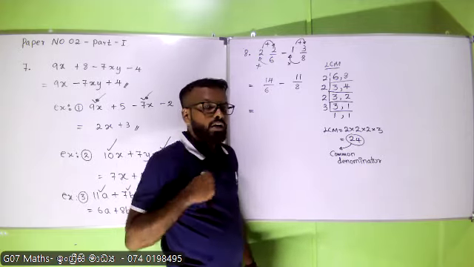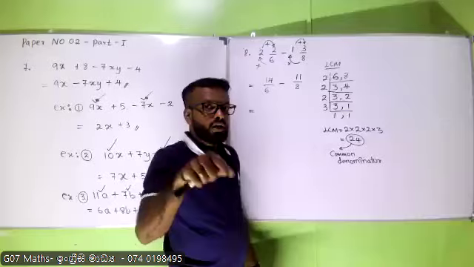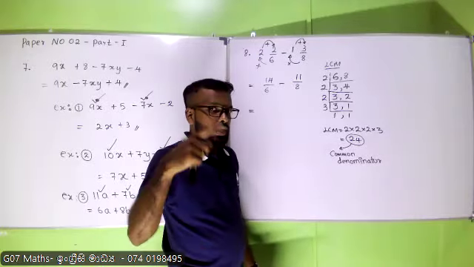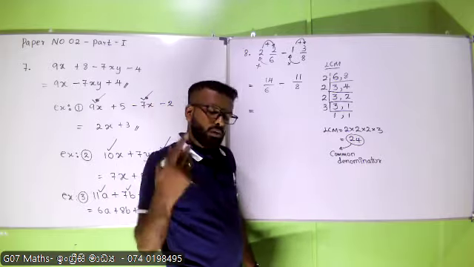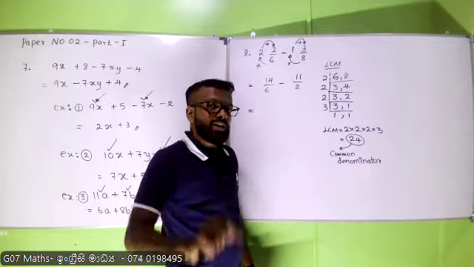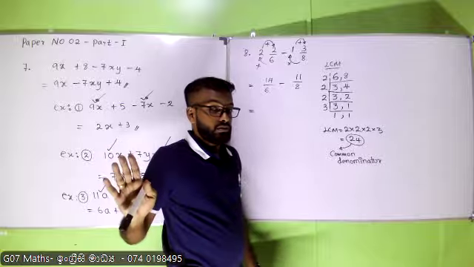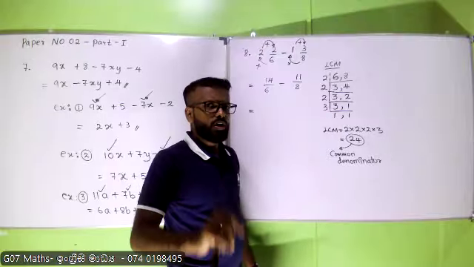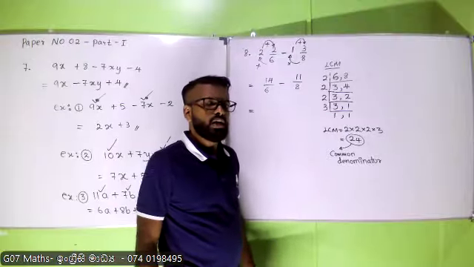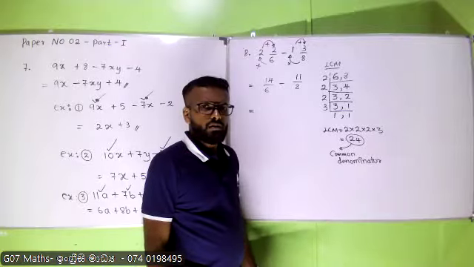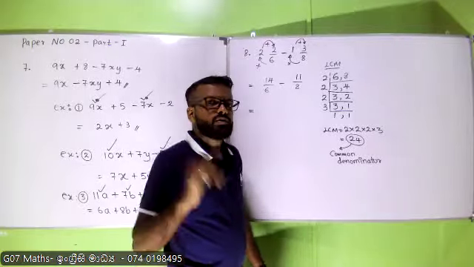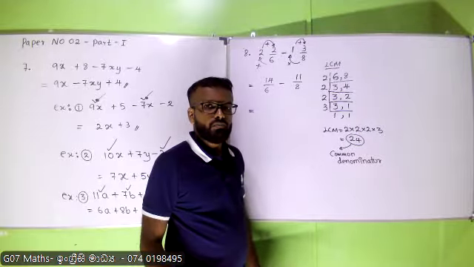If I ask anything from the multiplication table, you need not think too much. 6 times 8, 48. Done. 9 times 9, 81. So on and so forth. 9 times 7, 63.